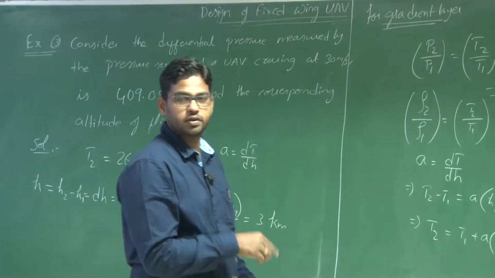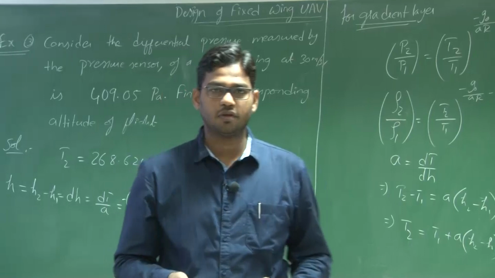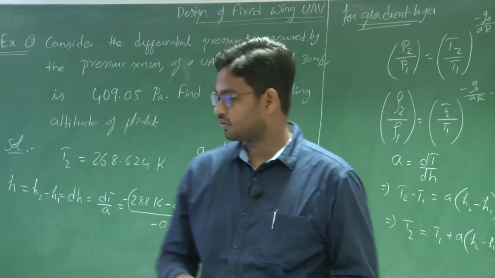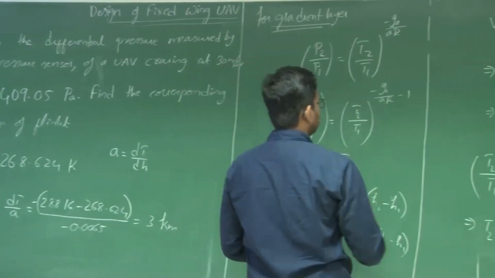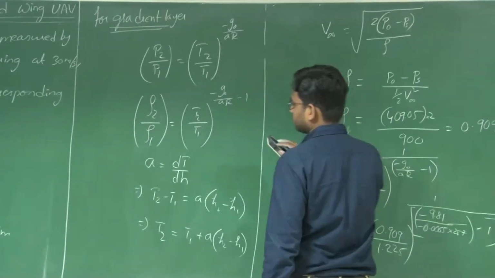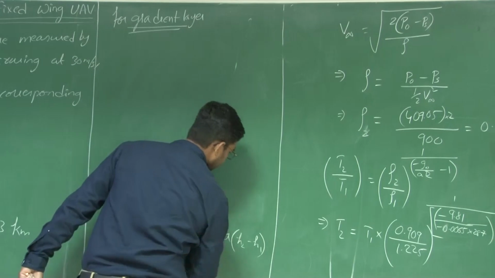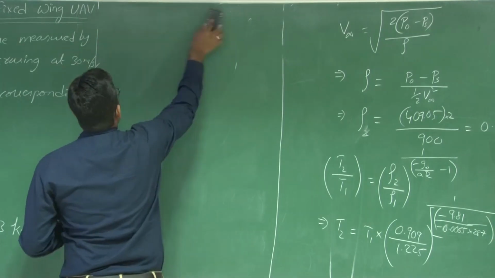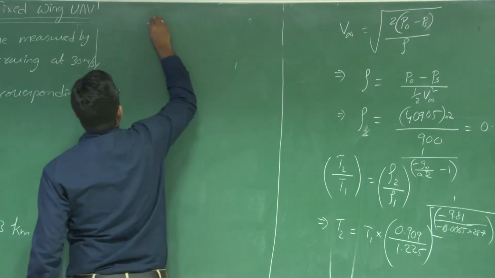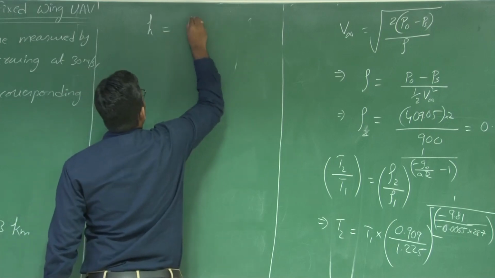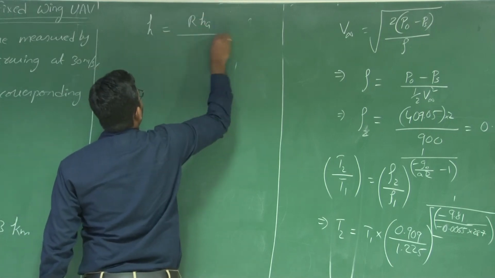Now you have to convert this 3 kilometers to geometric altitude. We have H equal to R into Hg by R plus Hg.